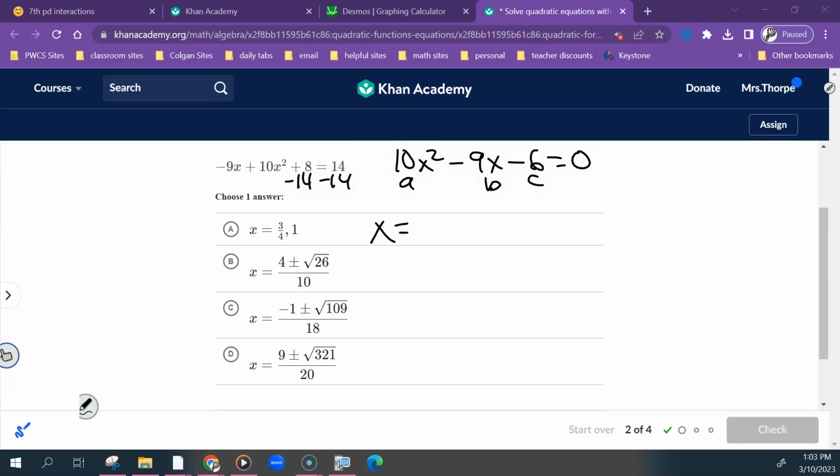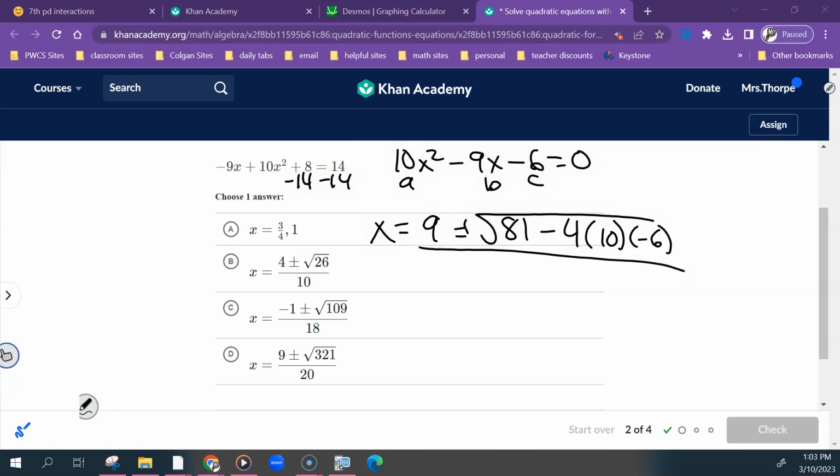So x equals negative b, it's already negative, so make it positive, plus or minus the square root of b squared, which is 81, minus 4 times a times c, all over 2 times a.